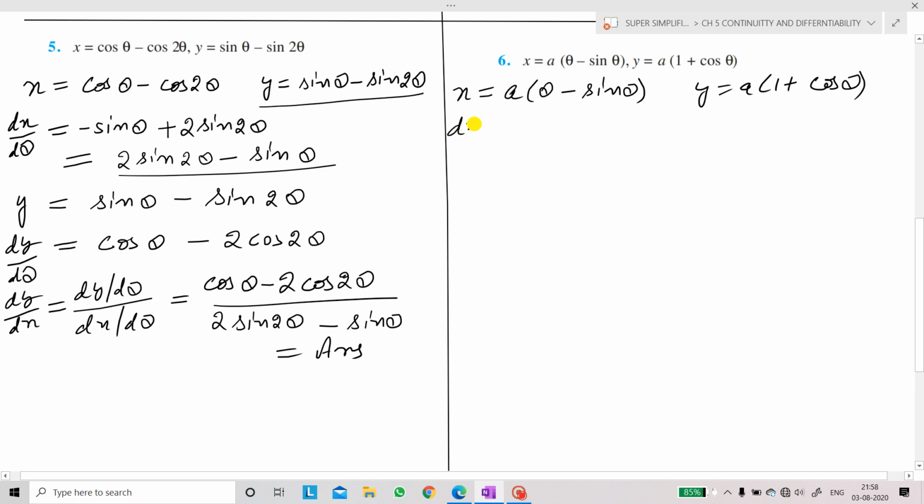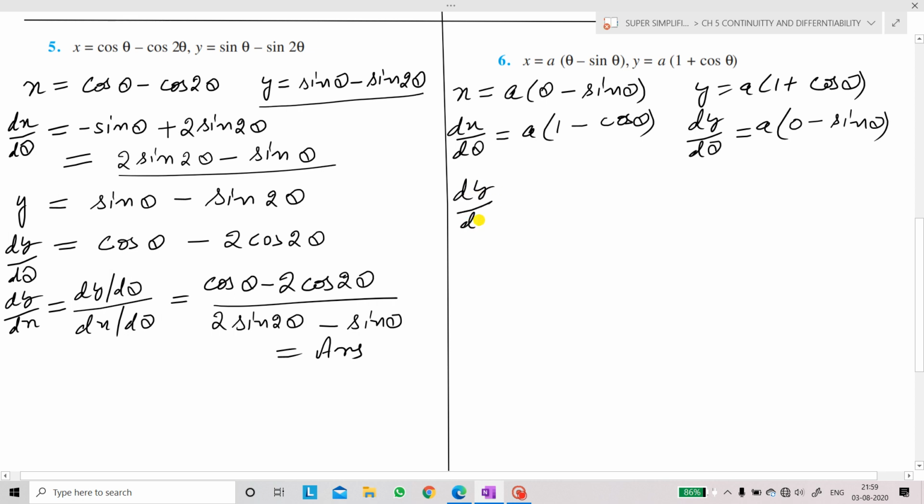So we differentiate the expression for x with respect to theta. a is a constant, the derivative of theta with respect to itself is 1, and the derivative of sine theta will be cos theta. Similarly, we find dy by d theta. a is a constant, the derivative of 1 is 0, and the derivative of cos theta will be minus sine theta. So we have both the values.